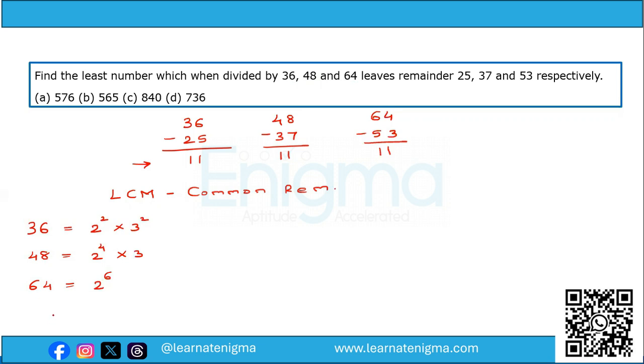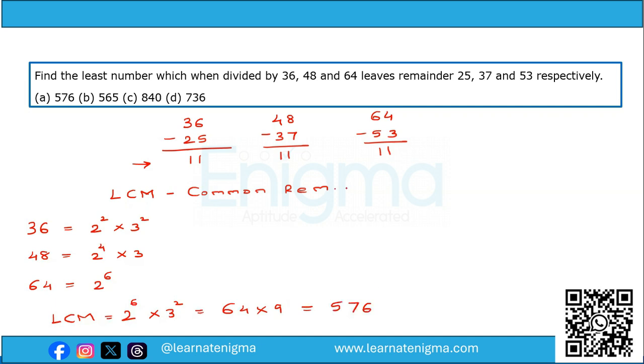So therefore, we can say that the LCM, which is nothing but the product of the highest powers of all factors, will be 2 raised to 6 into 3 square. That is 64 into 9. So 64 into 9 will be 576.